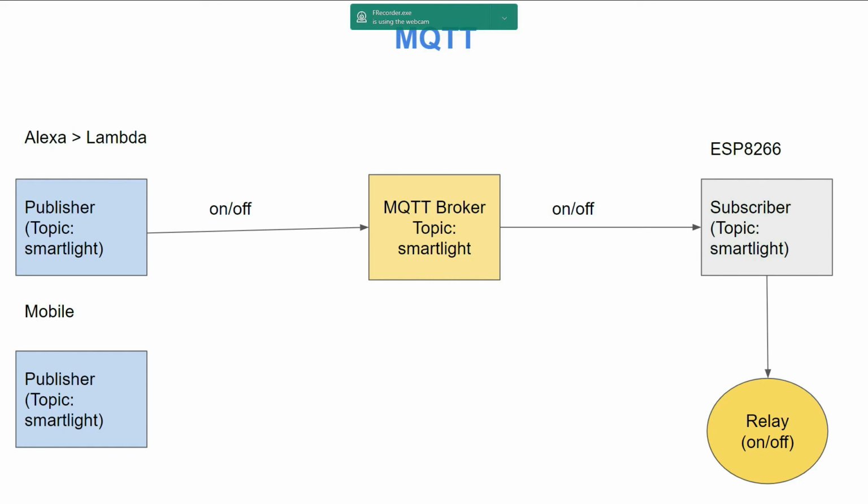I can use my mobile to send messages on the topic Smartlight. Again, I can pass on or off. It will go to the broker, and the broker will pass on the message to the ESP8266, which will further control the relay. So with the small addition of another publisher, you can control the light not only with Alexa but with your mobile application as well. I hope this clarifies the concept of the MQTT broker. So now let's implement it.